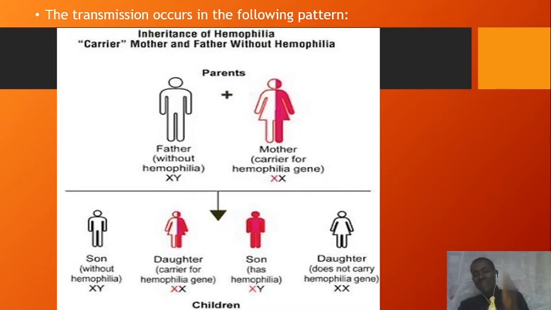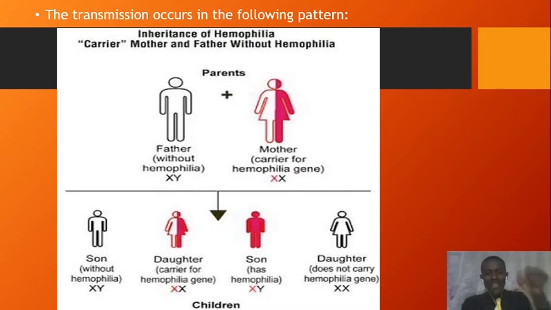So, if it appears in a woman, like this woman on your screen, it means that one of her X chromosomes is not carrying it. That means that she has a dominant platelet gene, which is overshadowing the hemophilia gene. So she's not going to suffer from it, she will only be a carrier.